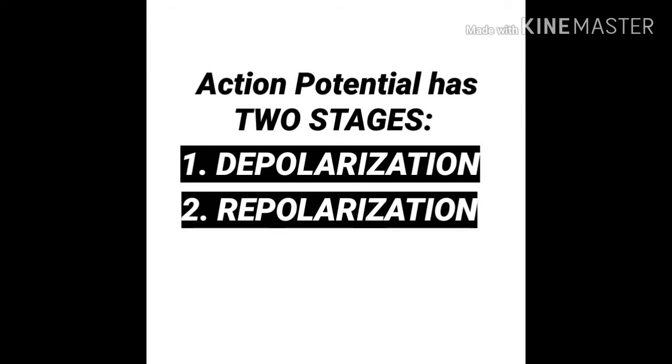These stages involve the two gated ion channels that I mentioned earlier, where the gated sodium ion channel will allow the passage of sodium ions, and the gated potassium ion channel will allow the passage of potassium ions. So, when a neuron receives a signal from another neuron, the gated ion channels will open and close in order to respond to the stimulus.